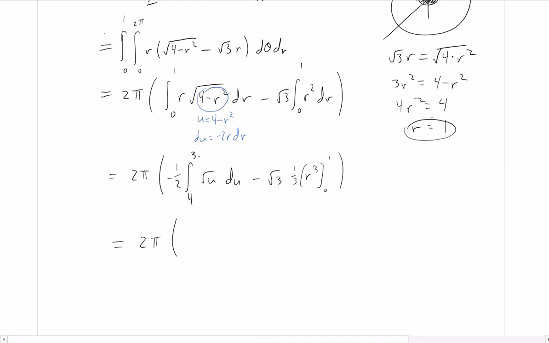The smaller one is on top and the bigger one's on bottom. Let's flip them around and cancel out this minus sign out here. So now it'll be positive 1/2, and the bounds will go in the order we like. And here, r cubed from 0 to 1 is just 1, 1 cubed minus 0 cubed. And square root of 3 over 3 is the same thing as 1 over the square root of 3.